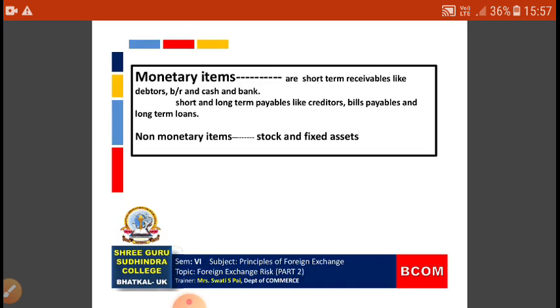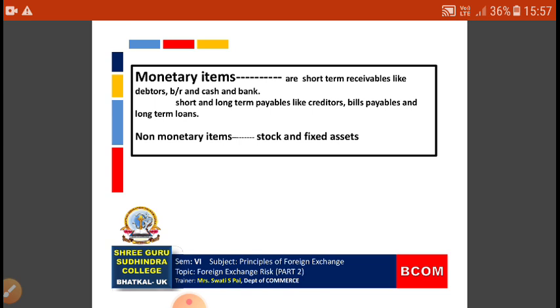Now in case of monetary items, which I told you about regarding monetary and non-monetary: under this method, items of assets and liabilities are classified into monetary as well as non-monetary. Which are the monetary items? The monetary items are short-term receivables like debtors, bills receivable and cash as well as bank balance, and short and long term payables like creditors, bills payable, and long term loans.